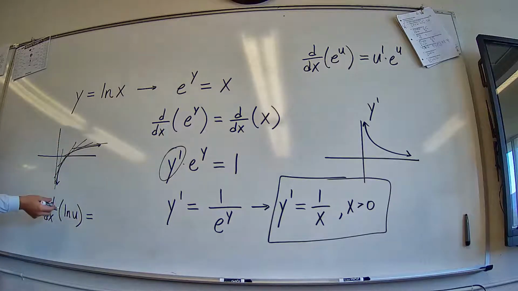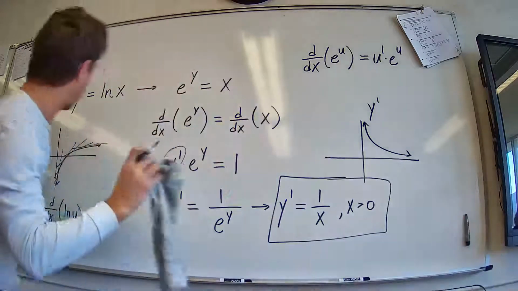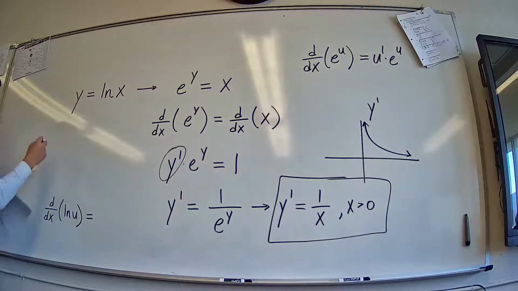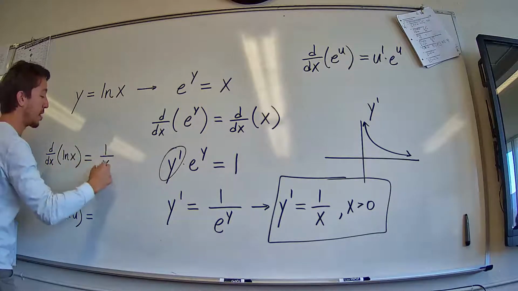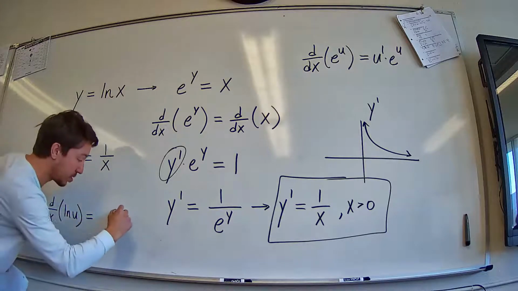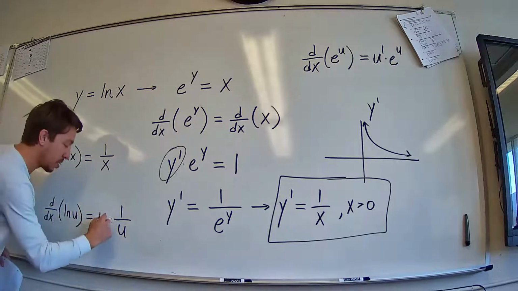Chain rule. If we know that the derivative of the natural log of x is 1 over x, then therefore the derivative of natural log of u is 1 over u, and then what do we always tack onto this?